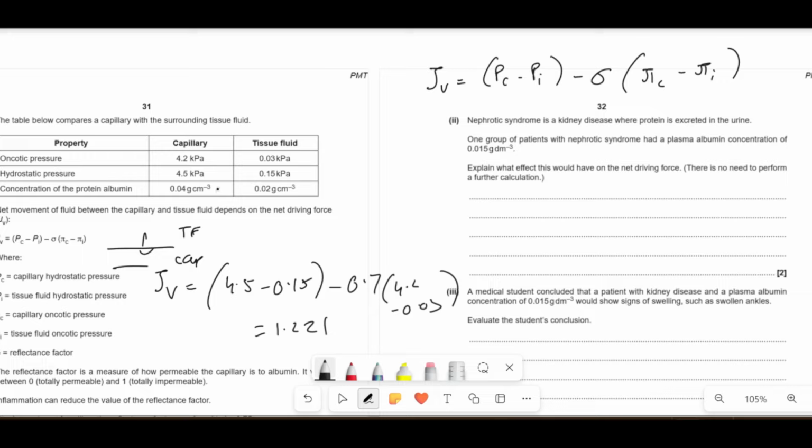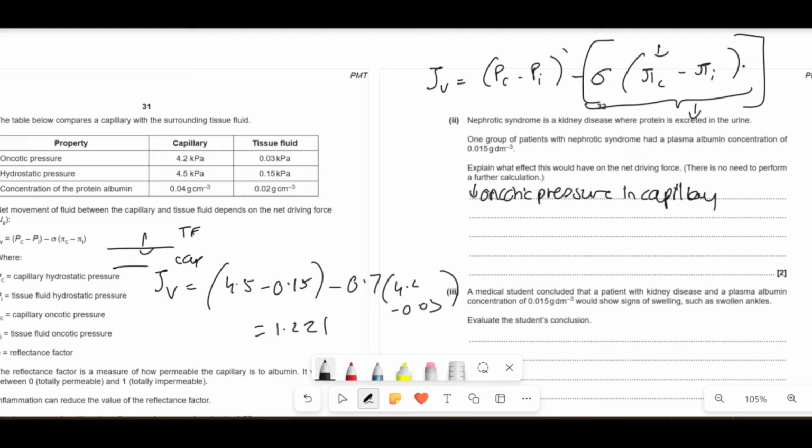The plasma proteins are what's responsible for oncotic pressure. So if we have less albumin, then we have less oncotic pressure. If you look at the formula here, what's changing is the capillary oncotic pressure, so this whole term reduces. As a result, JV would be bigger, because the rest is going to stay the same, but this has now dropped.